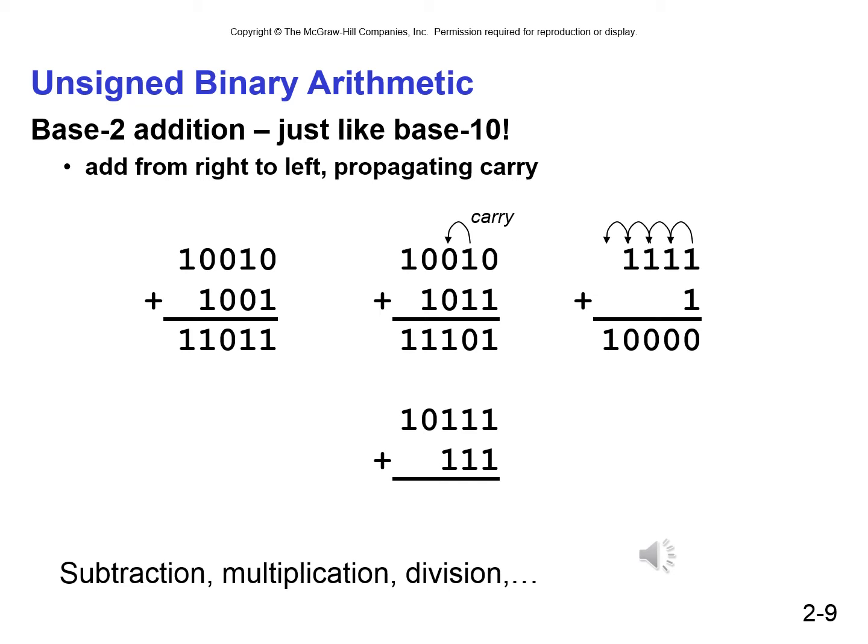Carry the 1. 1 plus 1 is 0 carry 1. 1 plus 1 plus 0 carry the 1. So 1 1 1 1 base 10. I'm sorry, base 2. 1 1 1 1. Oh, I almost blew the whole thing. 1 1 1 1 base 2 plus 1 base 2 is 1 0 0 0.